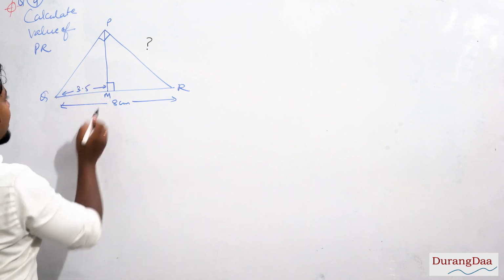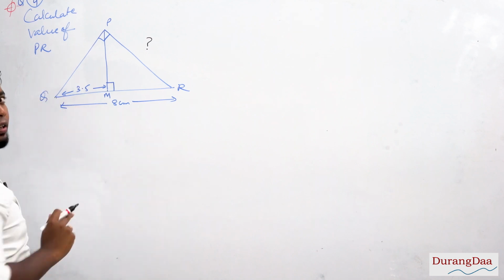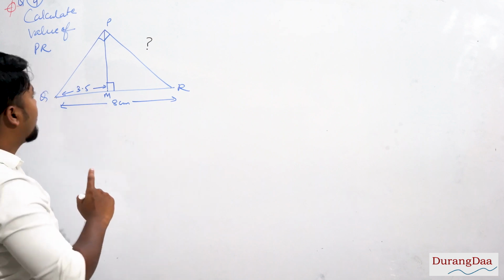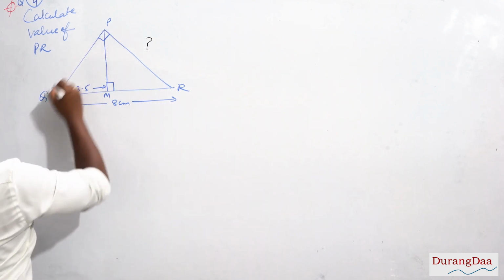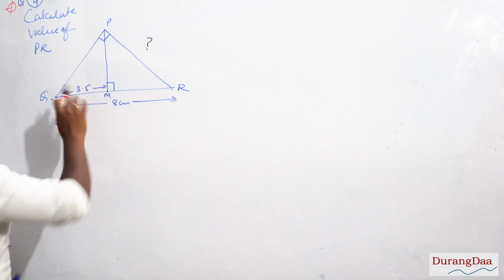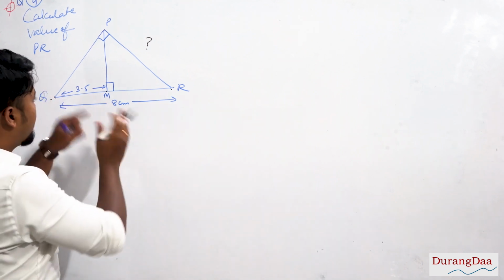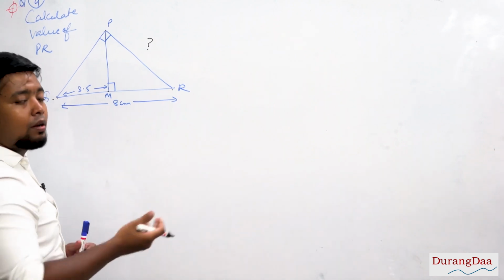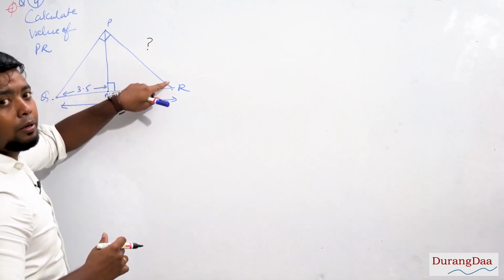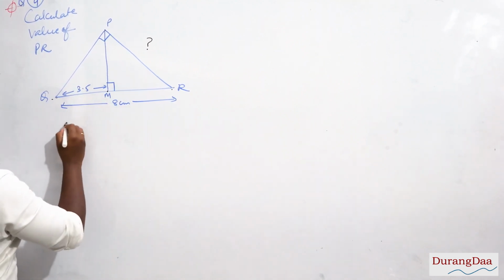If you look carefully, so many triangles are here, but there are only two triangles of which they have given the value of at least one side: triangle PQM and triangle PQR. In both of these triangles, the value of at least one side has been provided. So if we prove them similar, and then calculate the ratios, there is a better chance of getting this side PR. So we'll proceed with these two triangles.